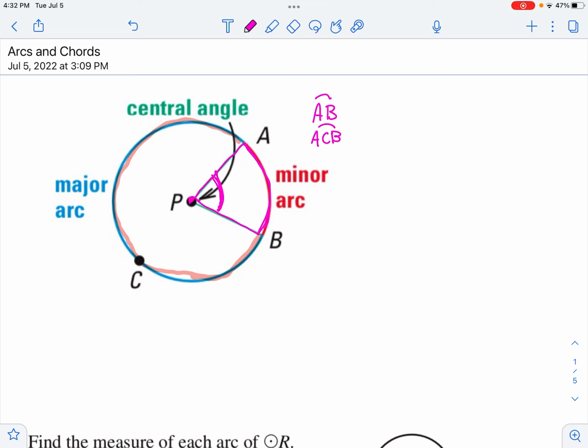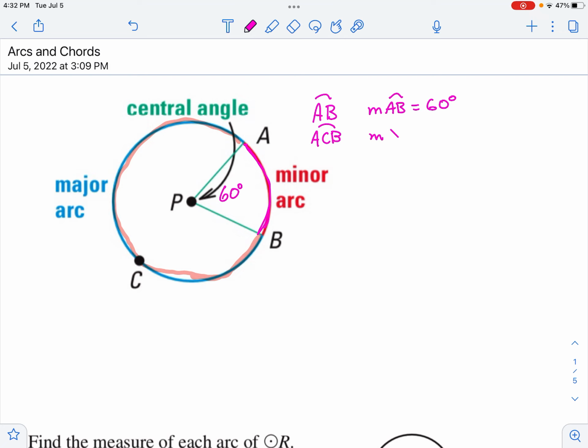Now, I want to talk about the measure of these arcs. First of all, the measure of AB. How are we going to talk about that? Well, let's suppose that this central angle is 60 degrees, just for sake of argument. Then we talk about the measure of AB, written this way, as being 60 degrees. Now, the other arc, the bigger arc, well, it's the rest.